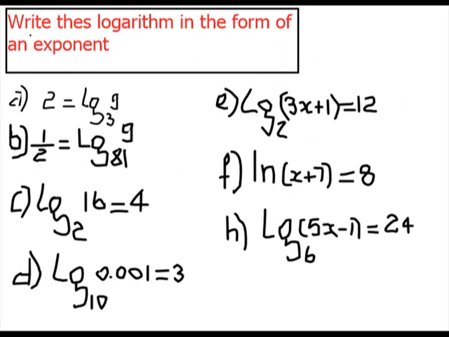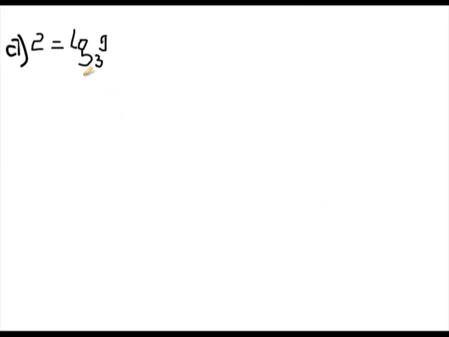They are really easy. This one is log base 3 of 9 equals 2. Understand what I'm looking for: I'm looking for the exponent, the result. It's like asking to what power do I need to raise 3 in order to get 9. The answer is 2.